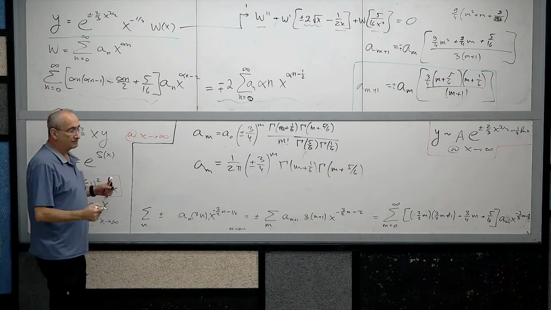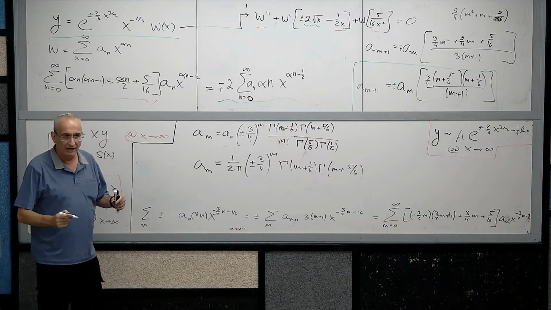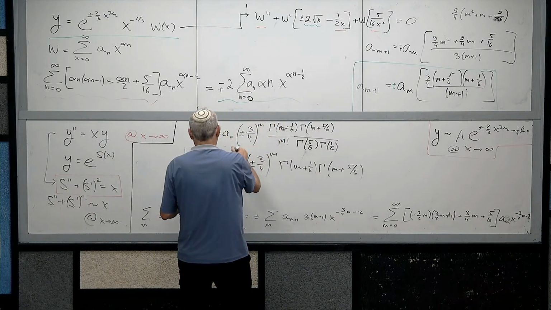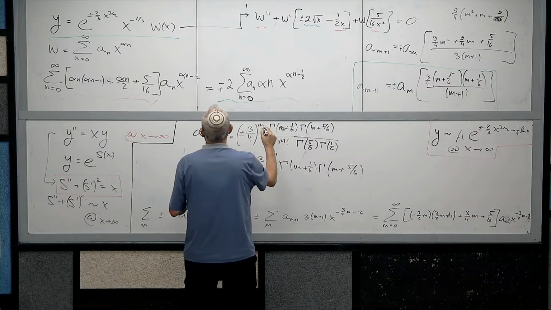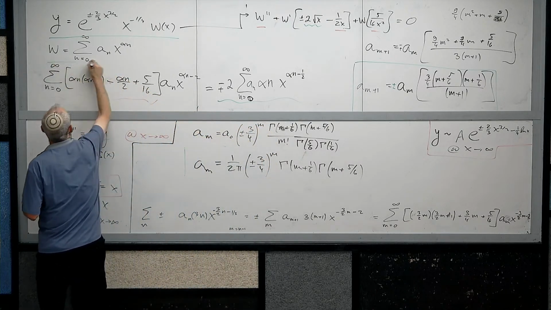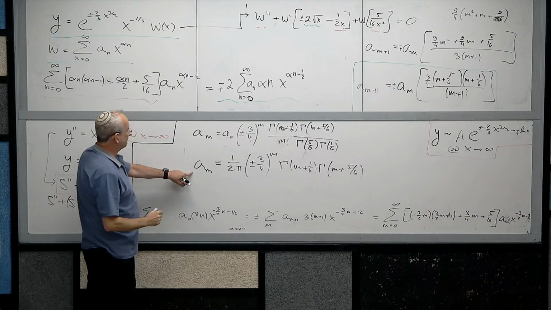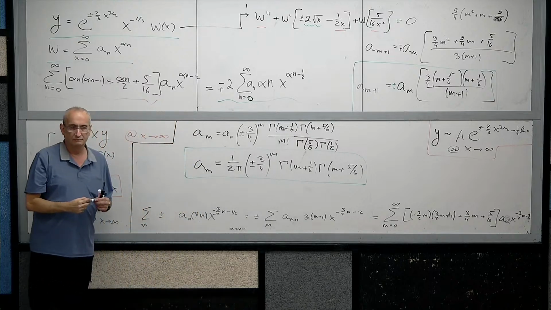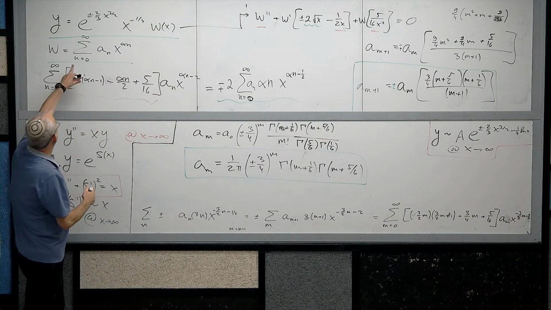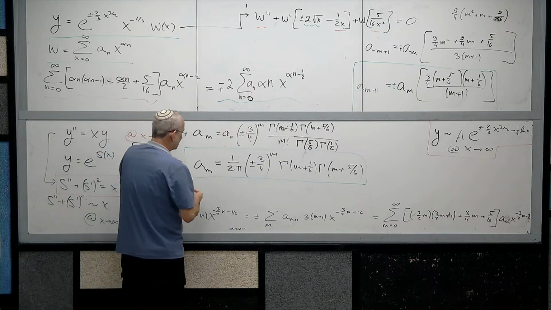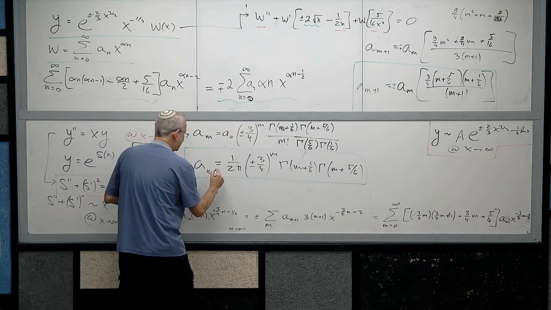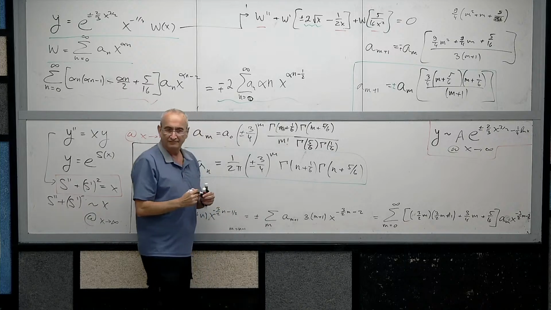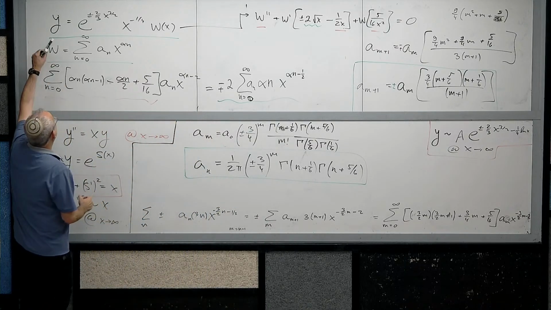And now, after blood, sweat, and tears, we can write w, right? We know what w is, so we can write w that way, and we have a formula for a_m. The only difference is here I wrote it with n, so let's switch back. Instead of m, I will write n. Okay? So we wrote y this way.